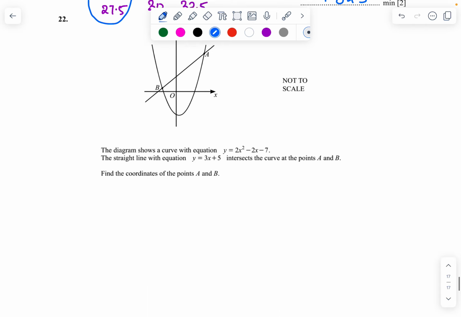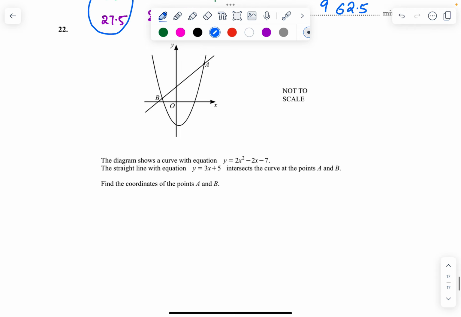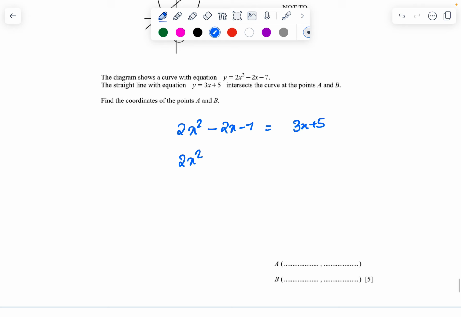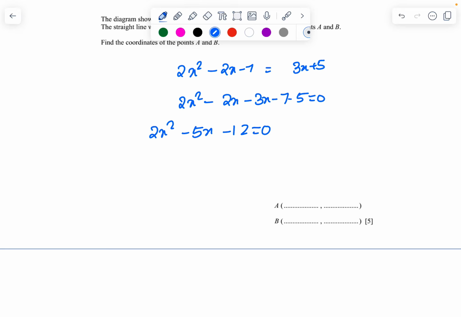And coming to the last question, the diagram shows a curve and a straight line that intersect at points A and B. Find the coordinates. So 2x squared minus 2x minus 7 equals 3x plus 5. So 2x squared minus 2x minus 3x minus 7 minus 5 equals 0. 2x squared minus 5x minus 12 equals 0.